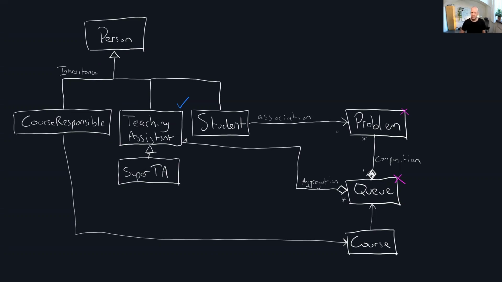The difference between association, composition, and aggregation is just different forms of strength of relationship. So it probably is quite clear here that if the queue was deleted, all the problems should be deleted with it because they were created within that queue. However, teaching assistants are quite independent of the queue. So we still say that there is an aggregation of them, but if we remove the queue, the teaching assistants don't disappear.